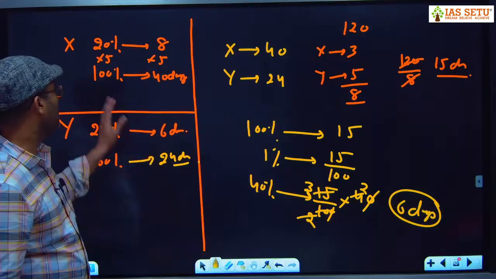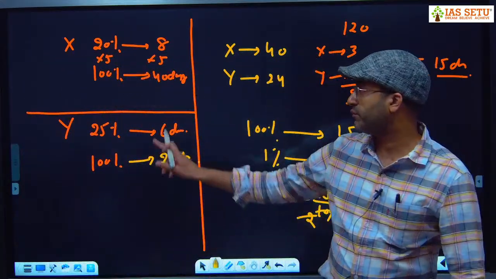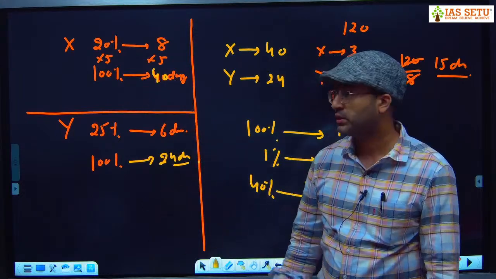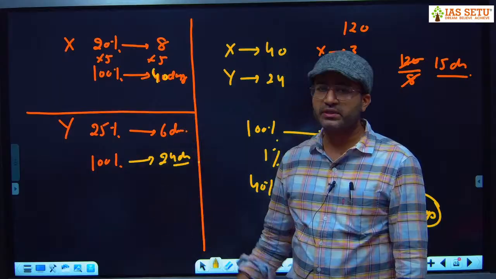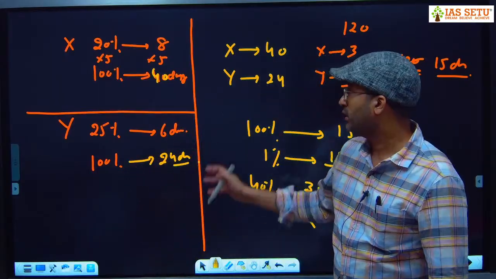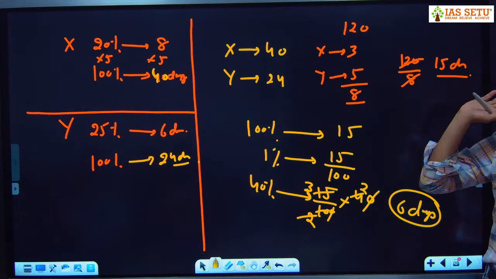I repeat, X can do 20% work in 8 days. Step number 1, we find X can complete the work in how many days? Alone 40 days. Y can do 25% work in 6 days, so Y can complete the work in 24 days. Then we find X and Y together complete the work using LCM.